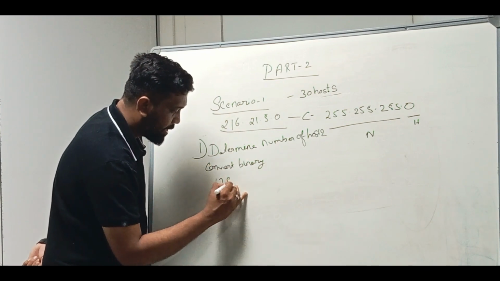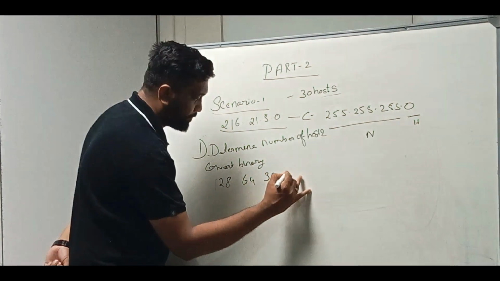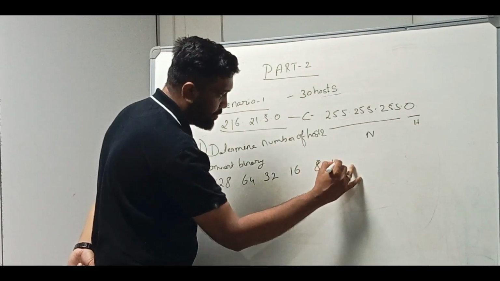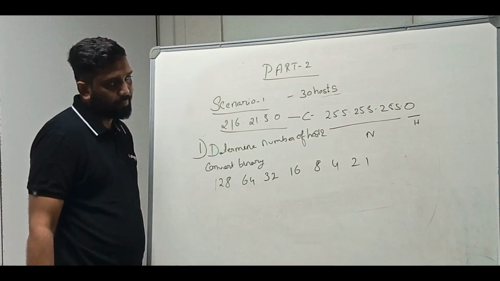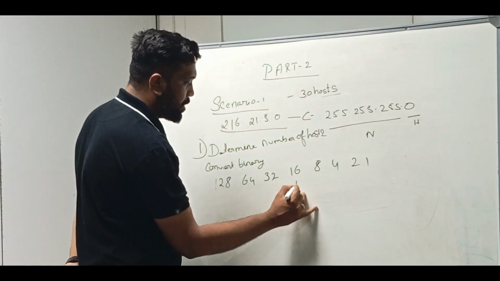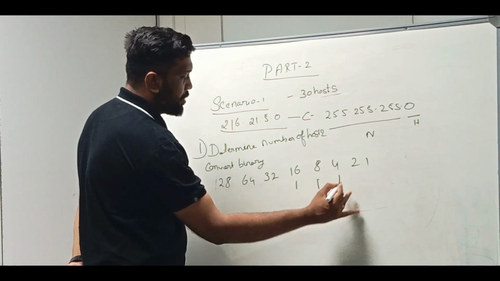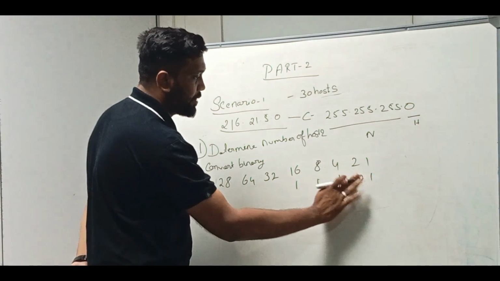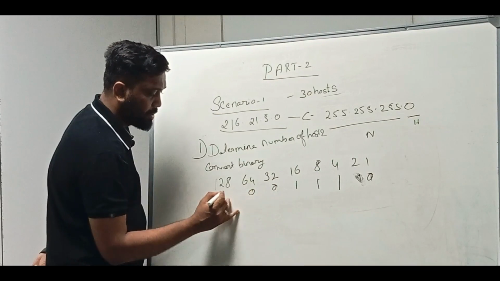Same formula: 128, 64, 32, 16, 8, 4, 2, 1. Now here I need 30 hosts. 30 in the sense 16, 8, 4, 2 makes 30, and the rest all 0.